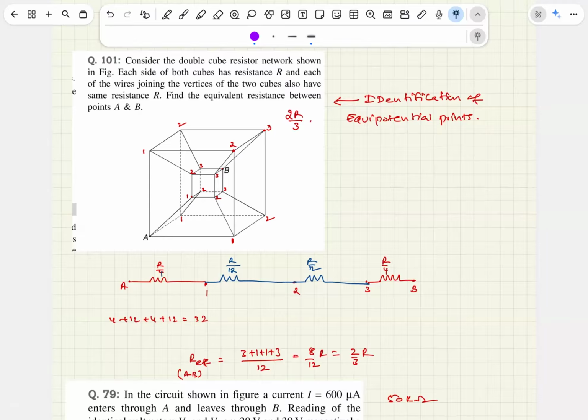Consider the double decker cube. A and B. Across AB is what you are asking.